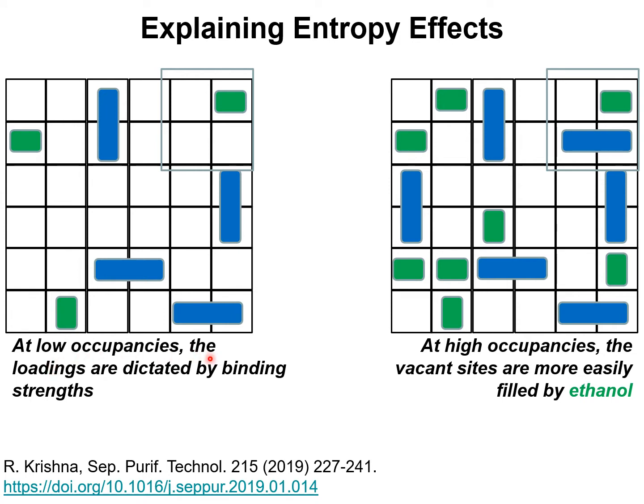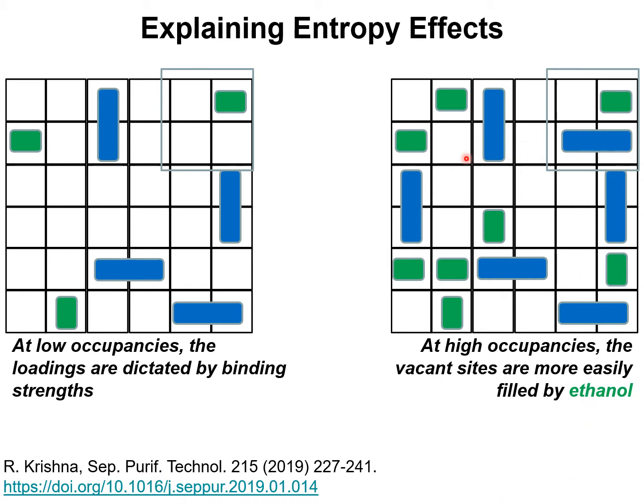At very low occupancies, the component loadings are dictated by the relative binding strengths, and the adsorption is in favor of the longer 1-propanol guest molecule. The situation changes dramatically at higher occupancies because the vacant sites are more easily filled by ethanol.